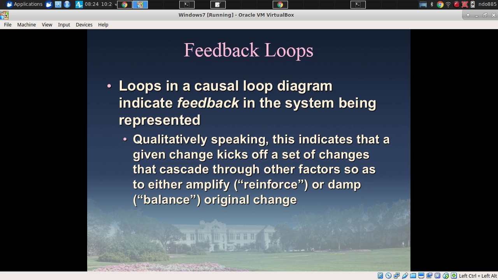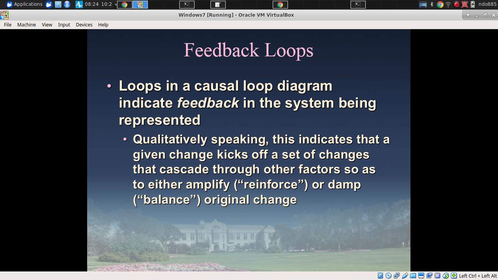Okay, so these diagrams we build up are called causal loop diagrams because they are often characterized by the presence of loops. Loops are situations where there is a path from A back through a set of other variables back to A. This is indicative of a feedback.